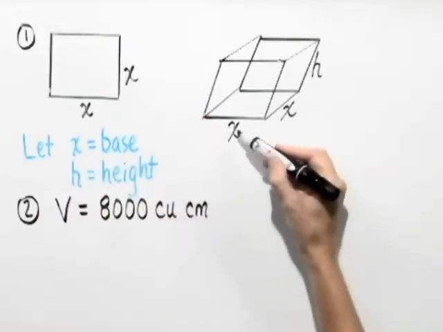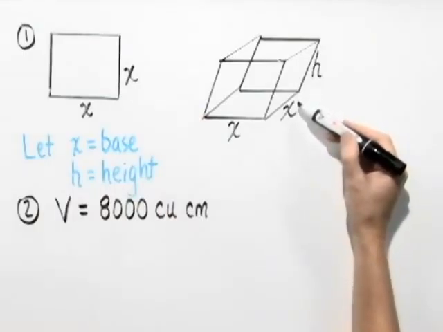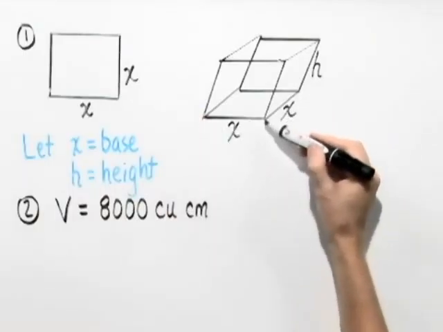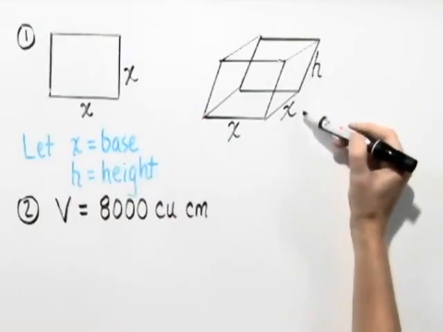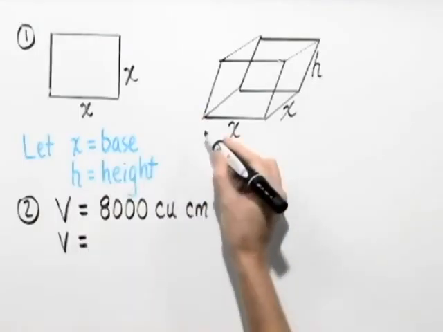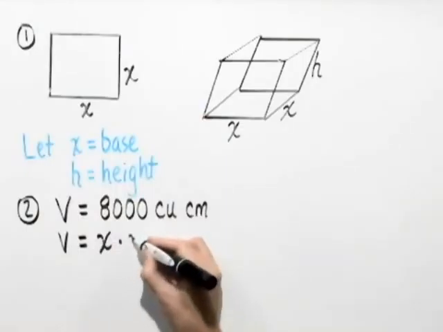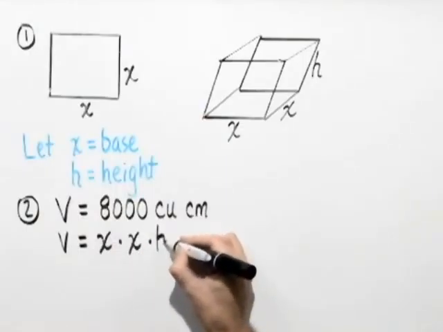Well, by looking at the picture of this rectangular box, we know that the volume of a box is, in general, the length times the width times the height. So we can say that the volume is equal to the length, which is x, times the width, which is also x, times the height.